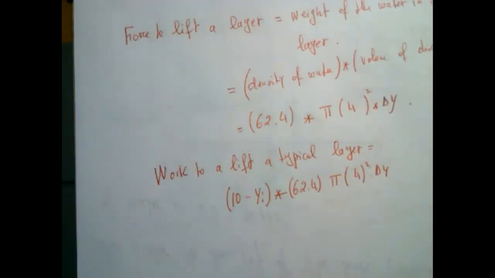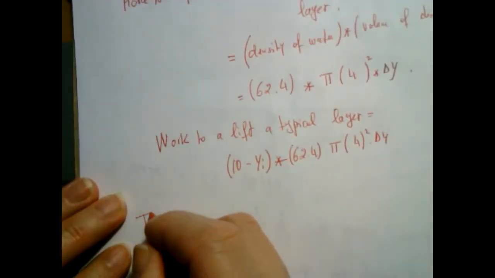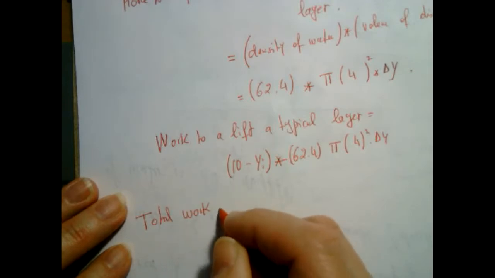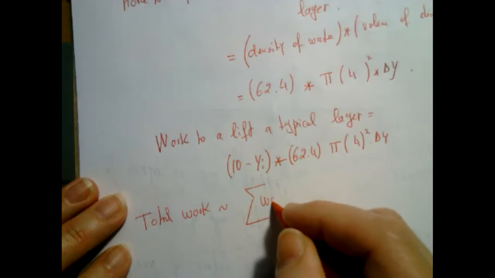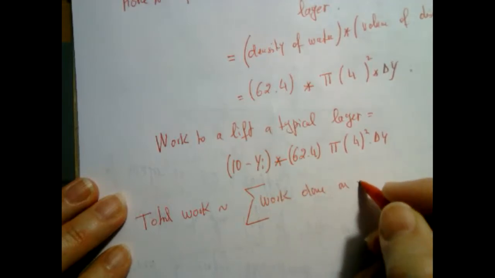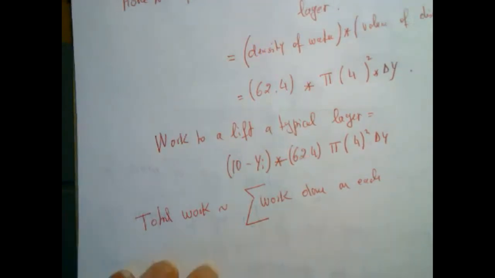So the delta y is actually part of the force to lift a typical layer. So the total work is the sum of the work done on each layer. It is almost equal to the sum of work done on each layer. So at this stage, I am back to my original picture on each layer.